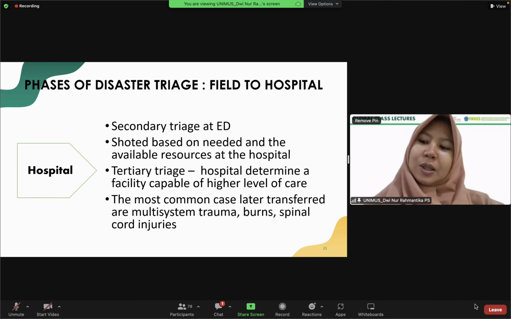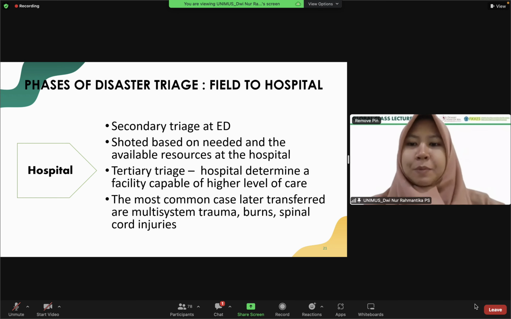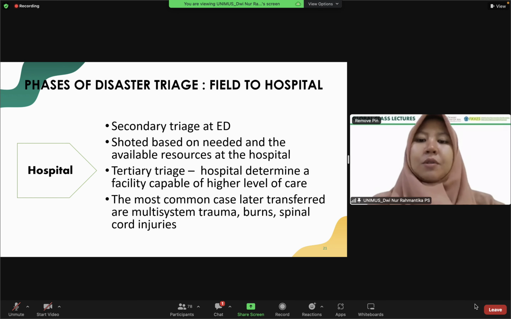It is a step from the hospital to determine which facility can solve the patient's problem, or which facility has a higher level and more complete resources. So the hospital should soon transfer the patient to another hospital. It's called tertiary triage.